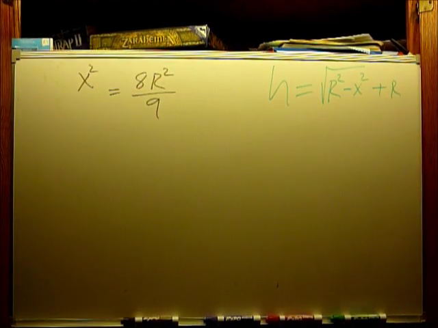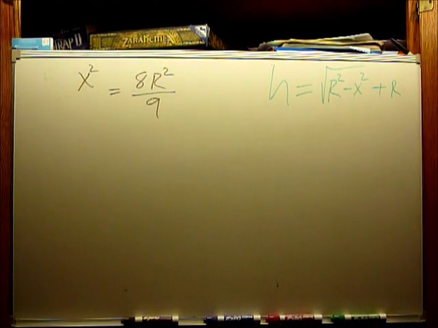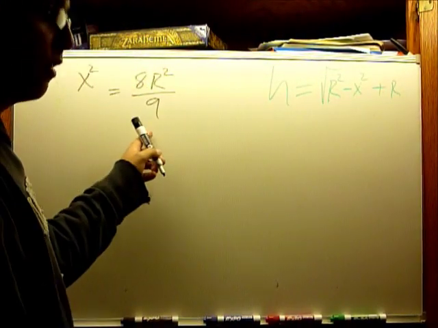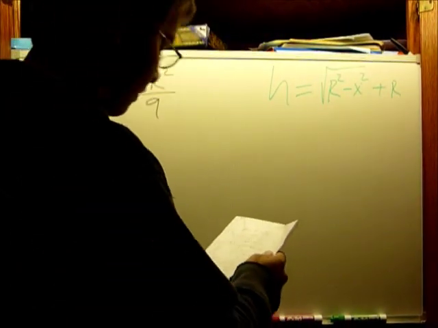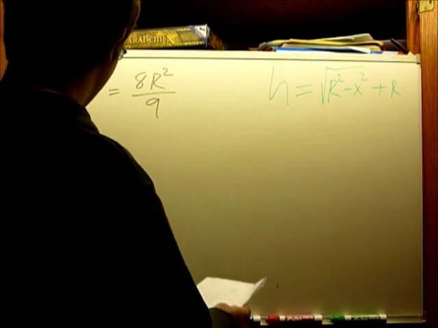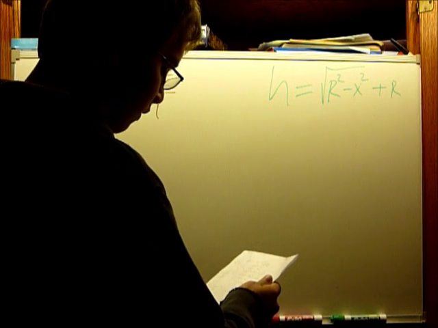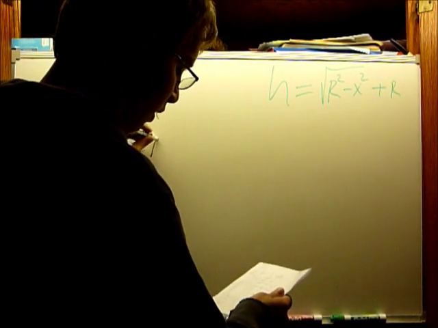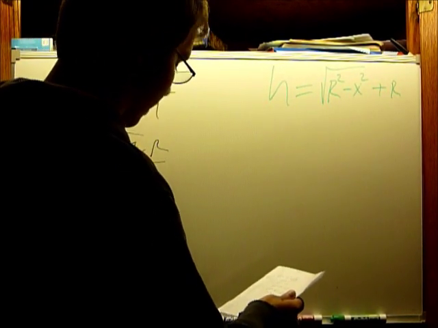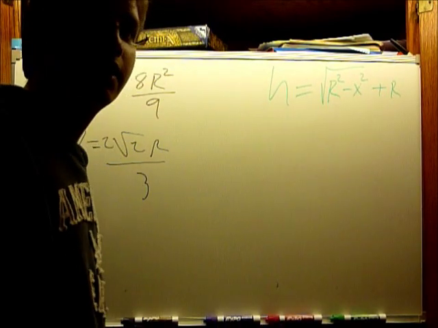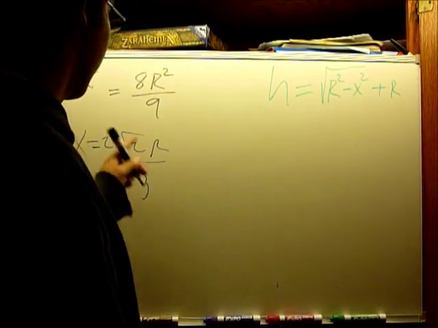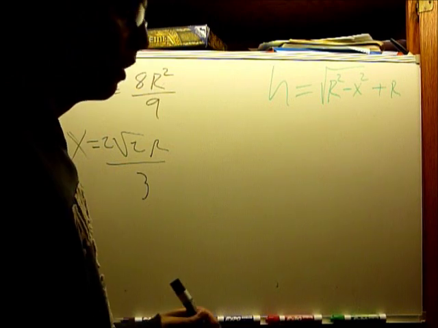Sorry guys, ran out of room again. Now I'm going to solve for the radius. So we square root both sides of the equation, which gets us x equals 2 root 2 r over 3. And notice that the radius can't be negative, so we're only going to take the plus version of this.